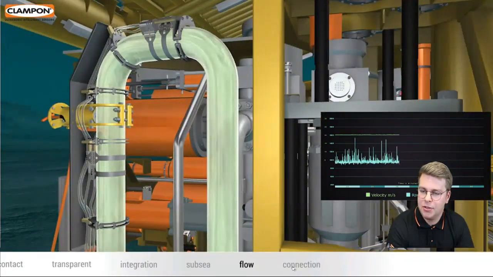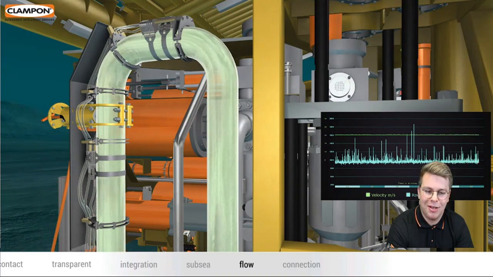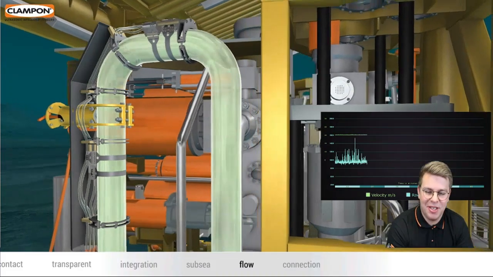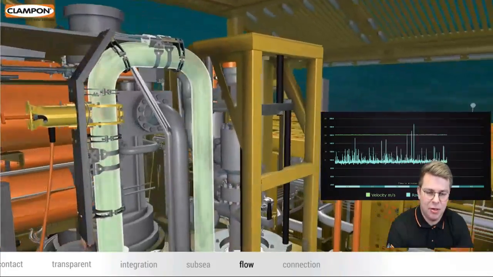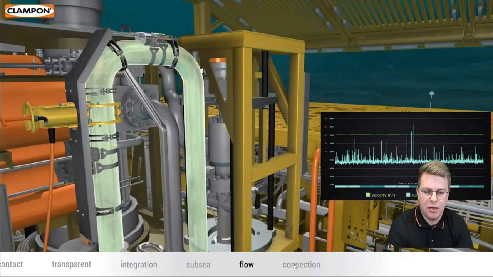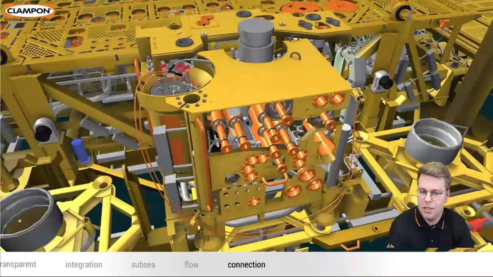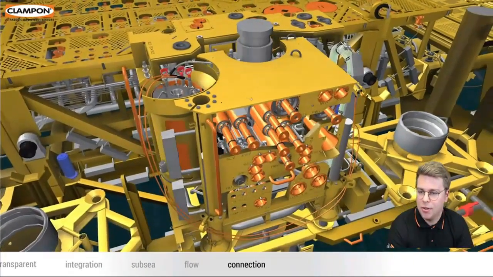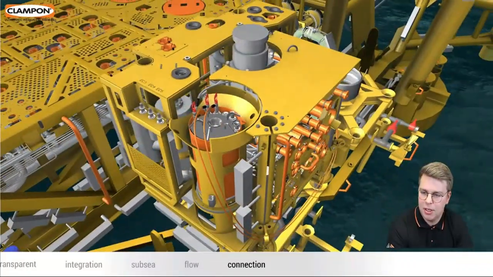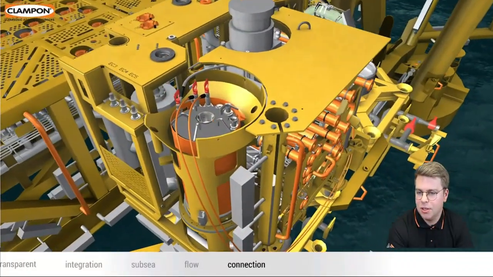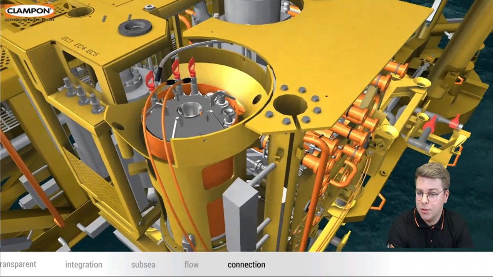Here you see a transparent view with a flow with particles, and on top of my head you see this graph, which is a representation of the raw signal here. This hose is then connected here. Here you see the connectors, and it's fitted onto the subsea control module like this.